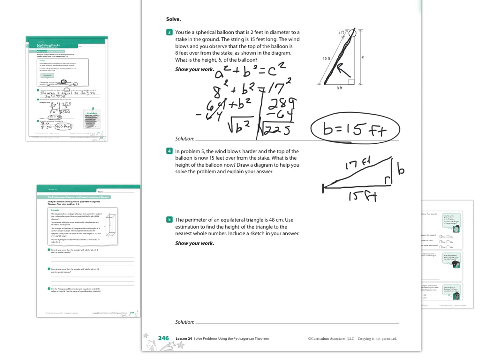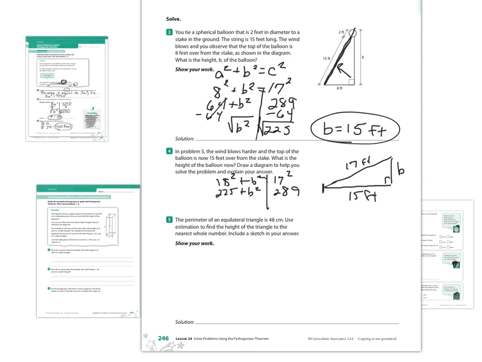And we go through and solve. I'm going to try and solve it here. So we would have 15 squared plus b squared equal to 17 squared. Solving that equation, evaluate. 15 squared is 225, 17 squared, 289. Solving this equation, I'm running out of room.